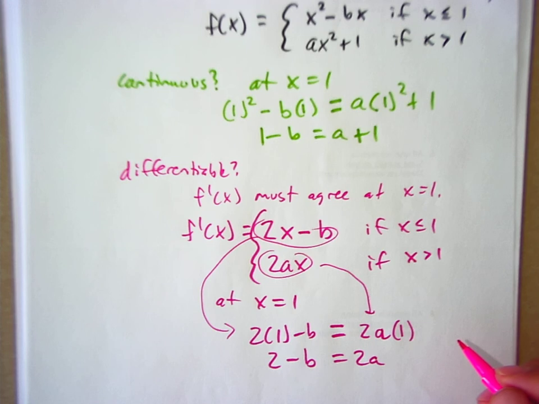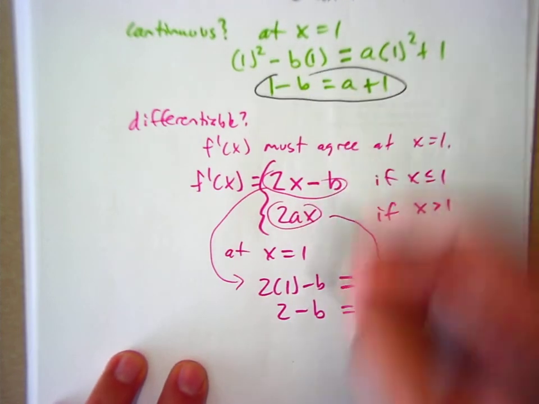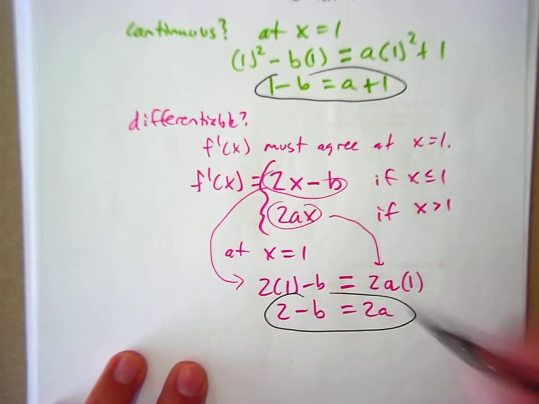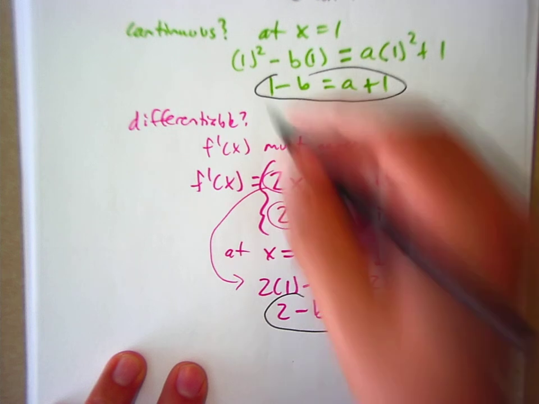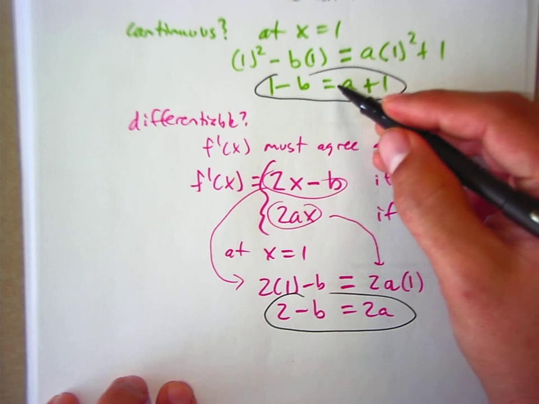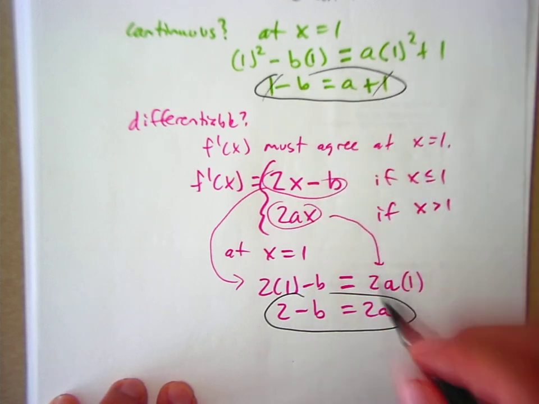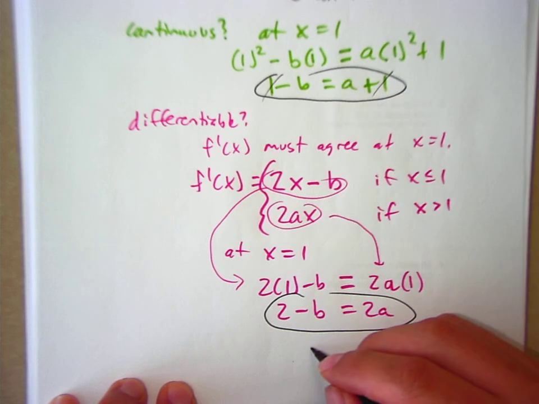All right. And so now we have a system of equations. Two equations, two unknowns. We can now solve them. In fact, I'm going to rewrite these as the usual format. Maybe that'll be more helpful. I can subtract 1 on both sides, and I can add b to the left, or to the right.